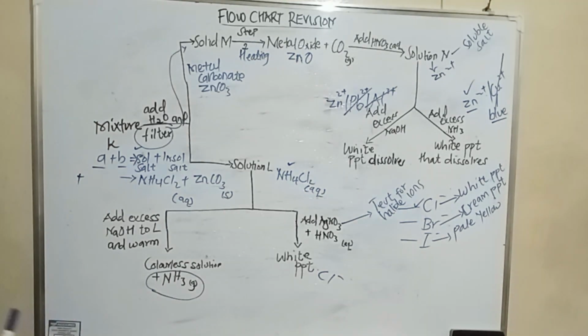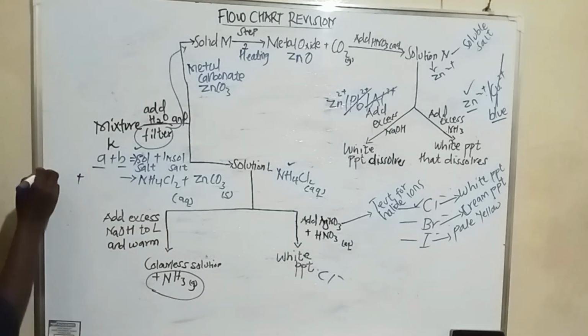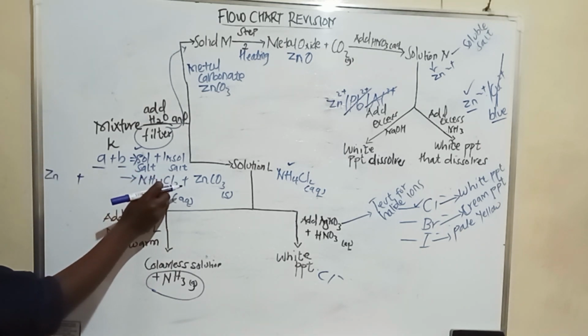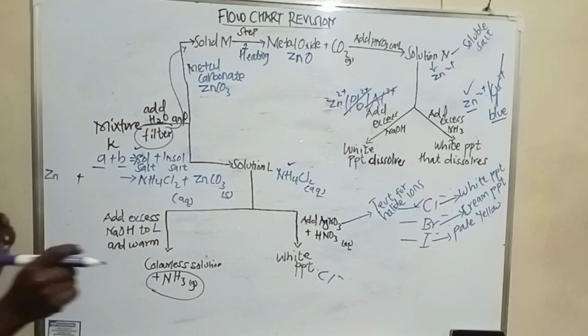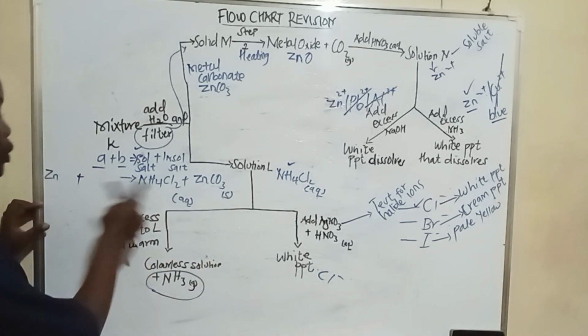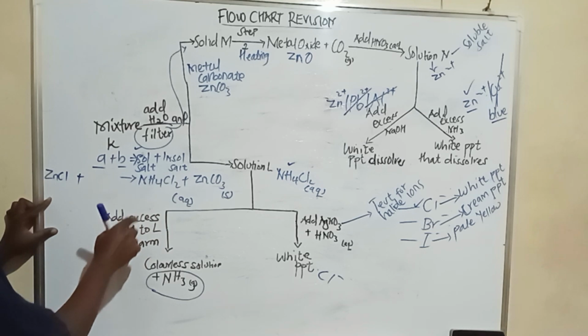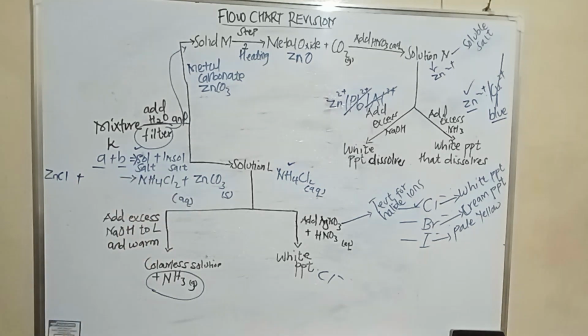So the equation occurring at point K is a reaction between zinc chloride and ammonium carbonate, because we had the exchange of anions.